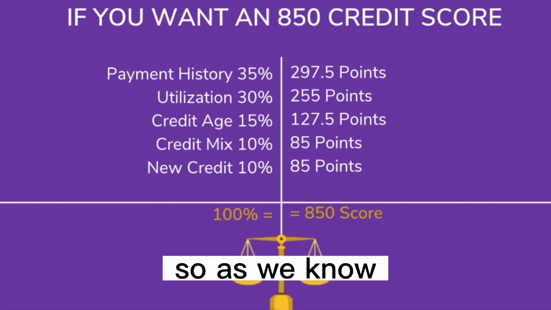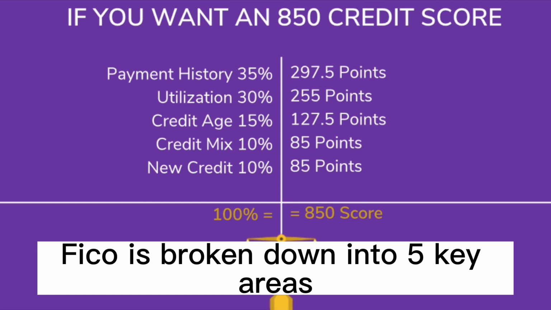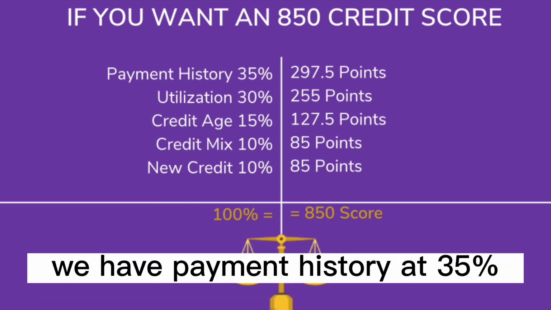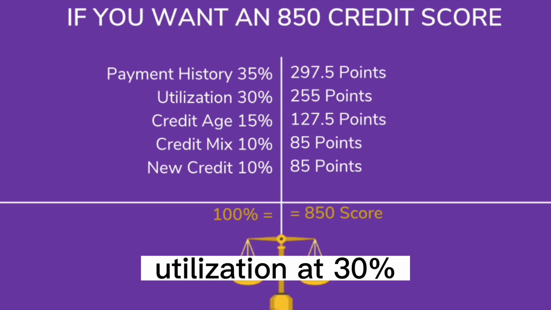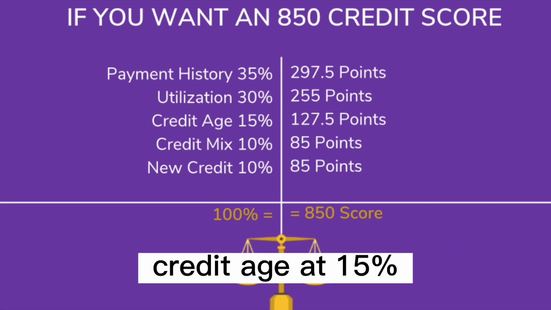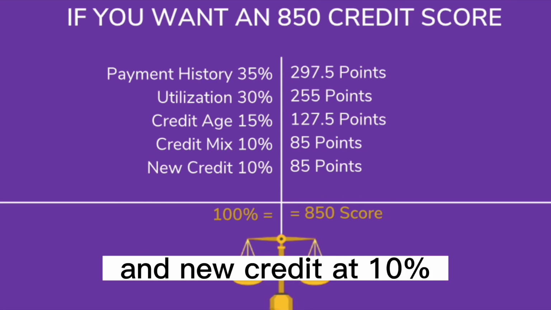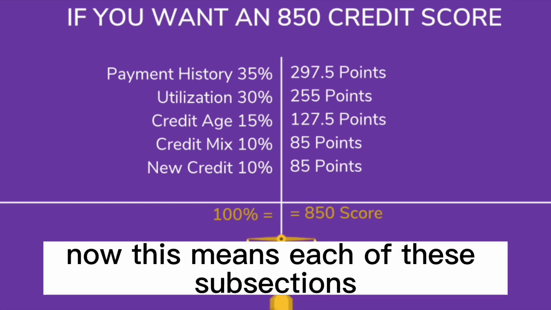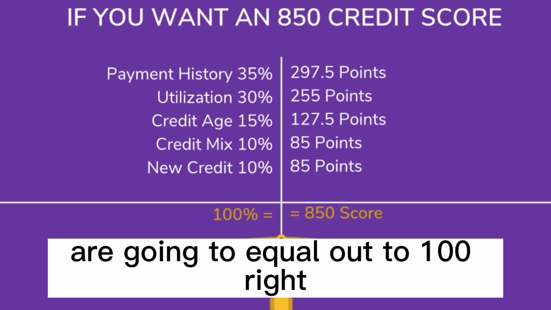So as we know, FICO is broken down into 5 key areas. We have payment history at 35%, utilization at 30%, credit age at 15%, credit mix at 10%, and new credit at 10%. Now, this means each of these subsections are going to equal out to 100, right?